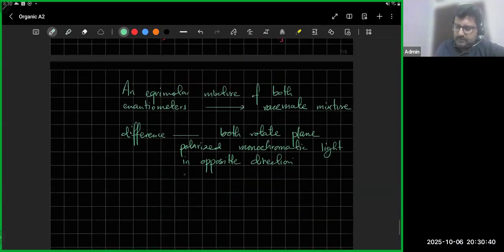One of them is going to do it clockwise, the other one is going to do it anti-clockwise.